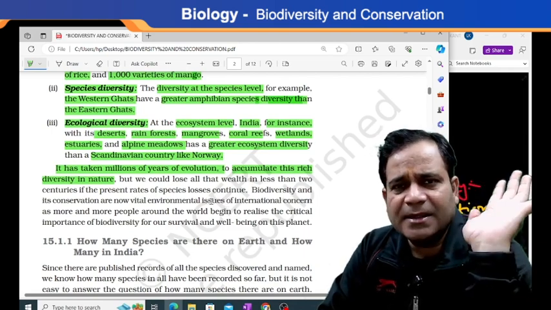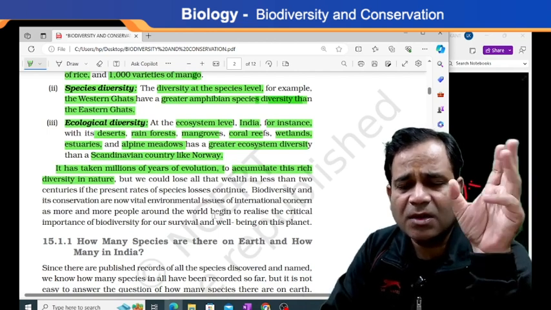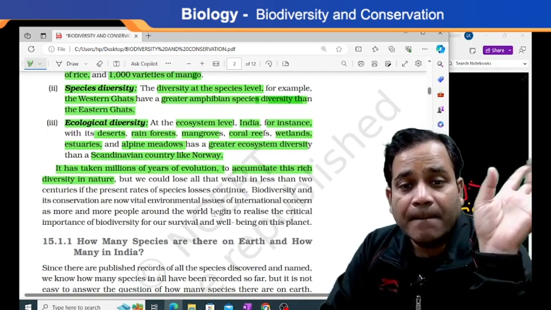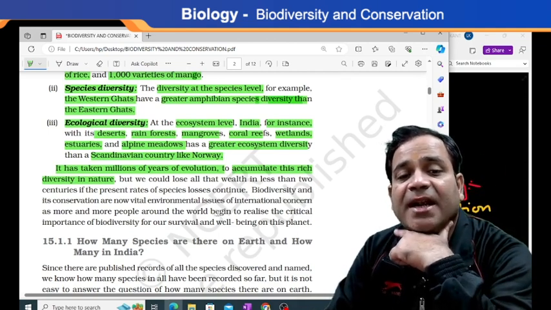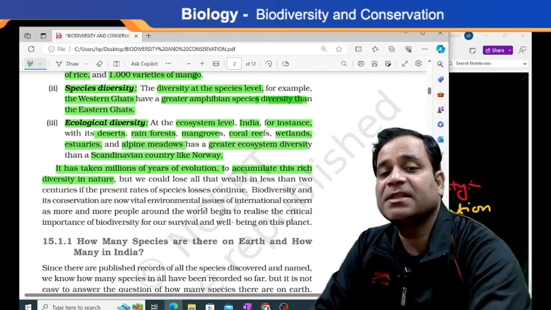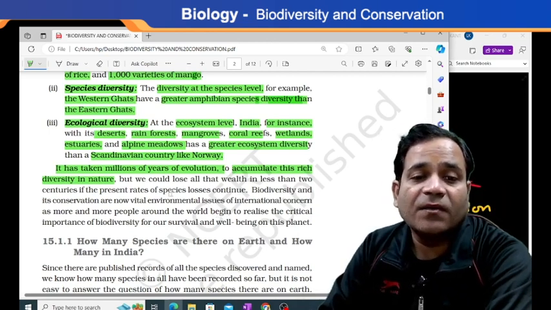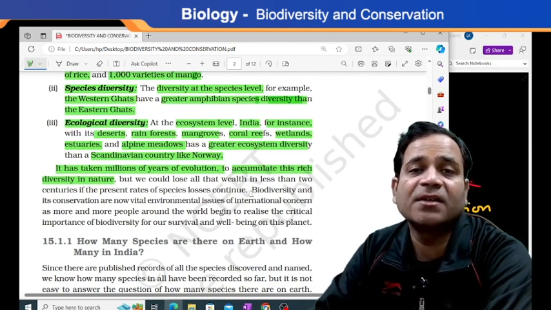We all know there is a variety of life, a lot of biodiversity. But the important thing to understand, my dear, is that a loss of biodiversity means a loss of the continuity of life on earth.